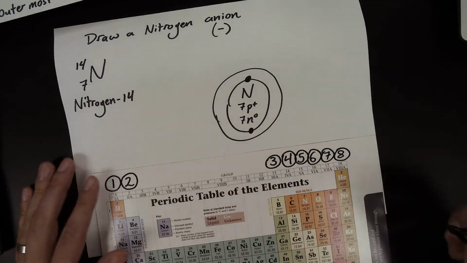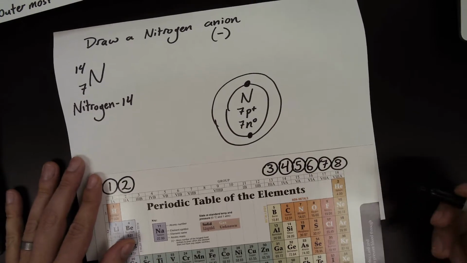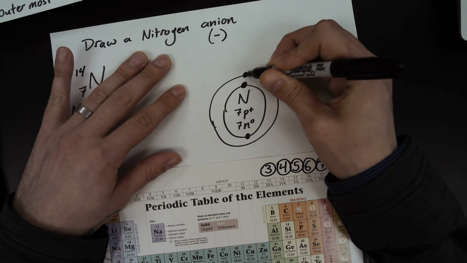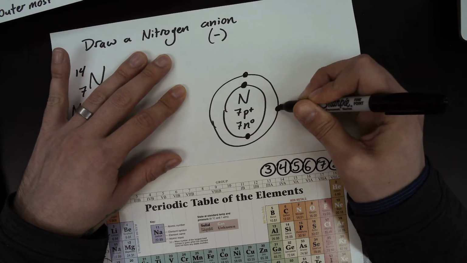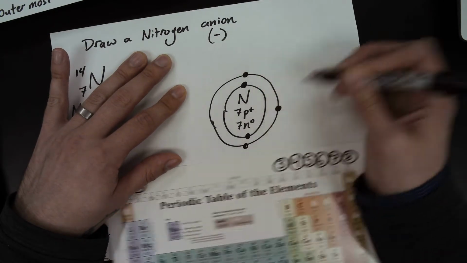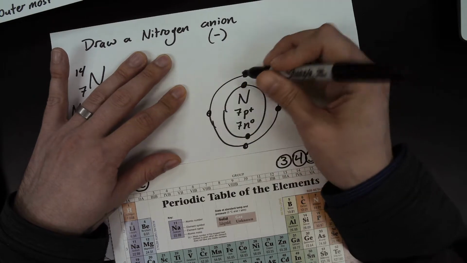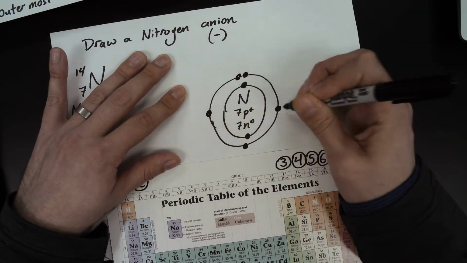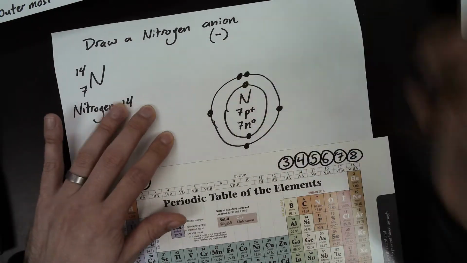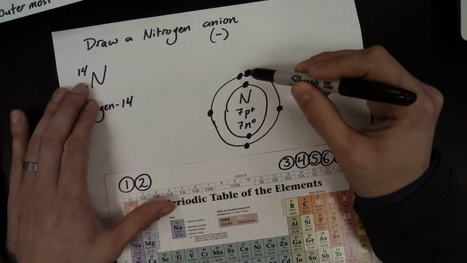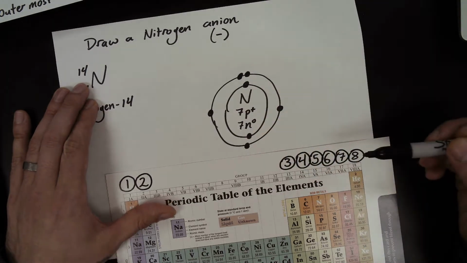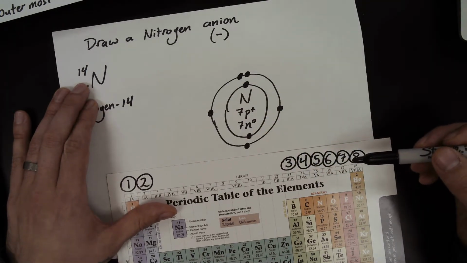I think it's useful to draw your electrons in this fashion, guys, starting at the top, one at a time. 1, 2, 3, 4, 5. Darken those in nicely. Notice how I went top, right, bottom, left to draw those electrons in there.